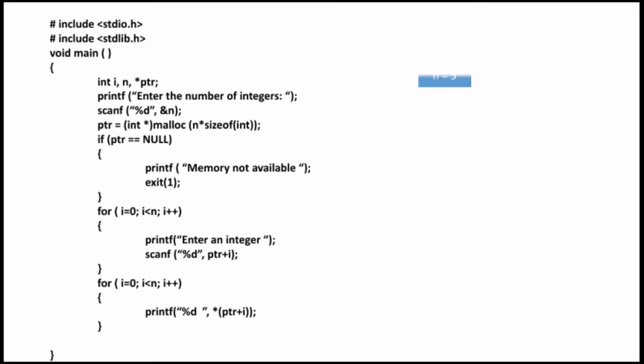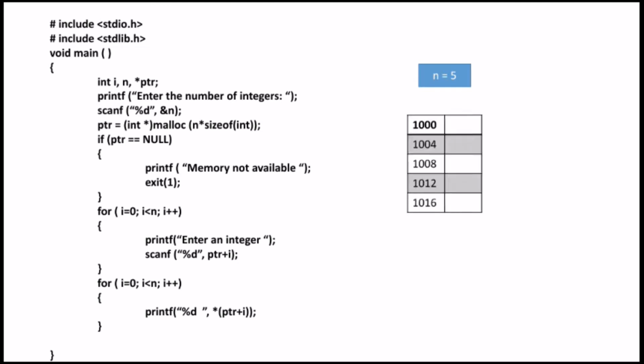Now we will take one example. Suppose we have entered the value of n as 5, and then by using the malloc function we are trying to allocate the memory. Suppose the memory is allocated, that means 5 blocks will be allocated for this, and suppose the size of an integer is 4, that means starting from 1000 till 1016 this memory block will be allocated.